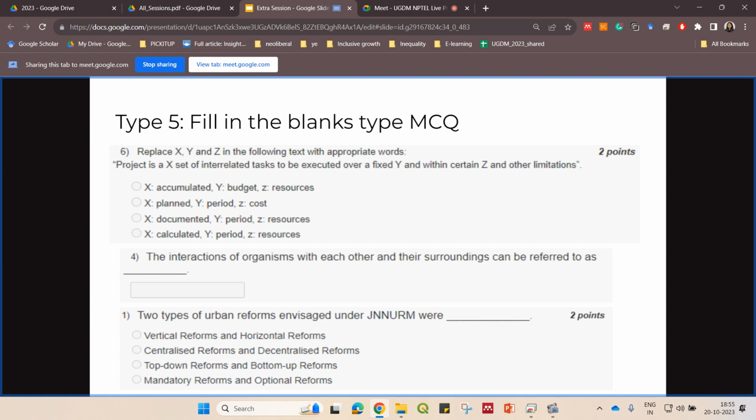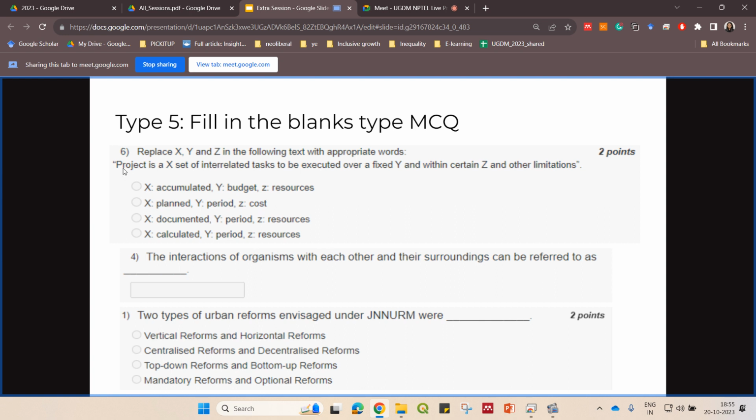Next question types which you might get are fill in the blanks type MCQ. So this time you have not gotten any questions which have fill in the blanks where you need to enter what should go into the blanks. But even for the fill in the blanks, you've gotten options from which you can select.